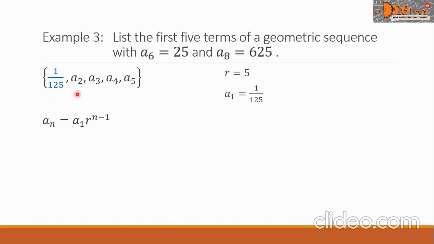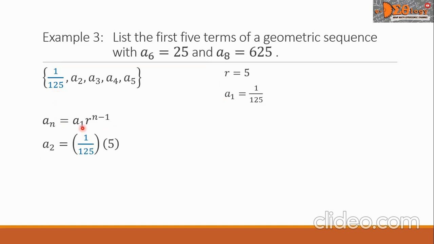Now let us solve for a sub 2. Using our general term formula, we have a sub 2 equals a sub 1 times r raised to 2 minus 1. Let us substitute our values. The r and the a sub 1 are here.